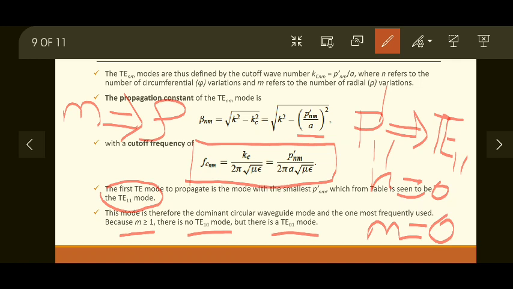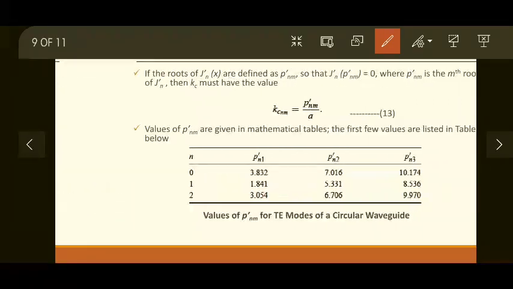p dash nm table. Okay, so rho cannot be equal to 0, because m corresponds to rho, and if m is equal to 0, that means, sorry, let me explain again. m corresponds to rho, we know that, and if m tends to 0, then that means rho is equal to 0, and at rho equal to 0, it becomes infinite, that we have seen here.